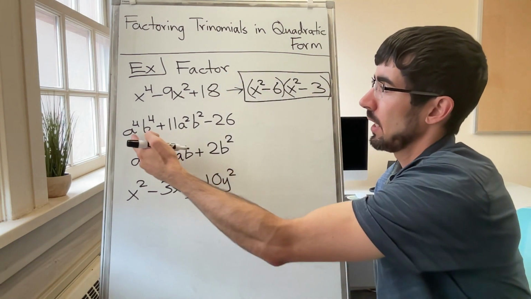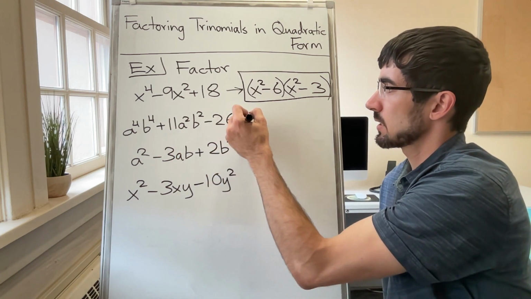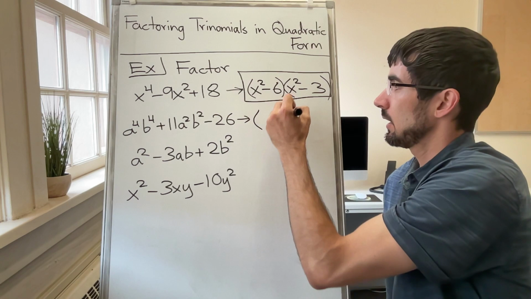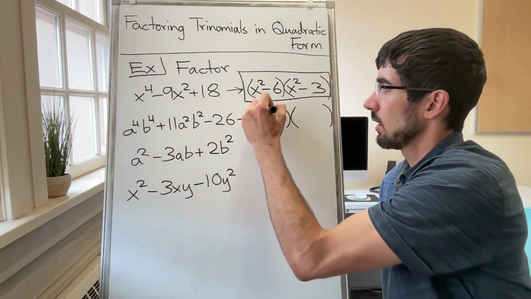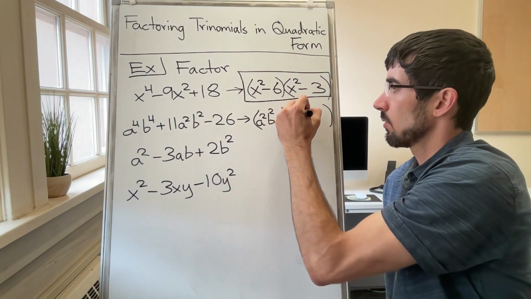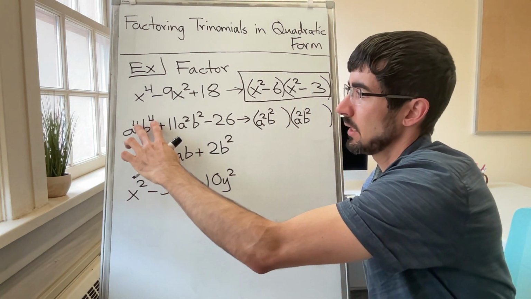The next example, a to the fourth b to the fourth, plus 11a squared b squared minus 26. As I think about beginning each of these factors, I want to begin each one with a squared b squared. That's exactly half of the exponent that I see here.